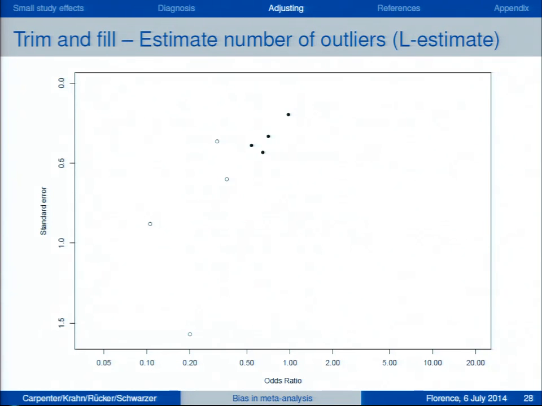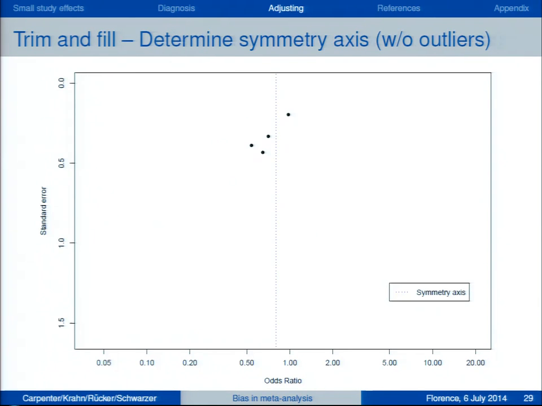So these are the outlier studies, and the central studies at the top are the not outlying studies. And now a meta-analysis is done for getting a pooled effect only from these 4 studies. Now the rest of the 4 studies not grayed out here.